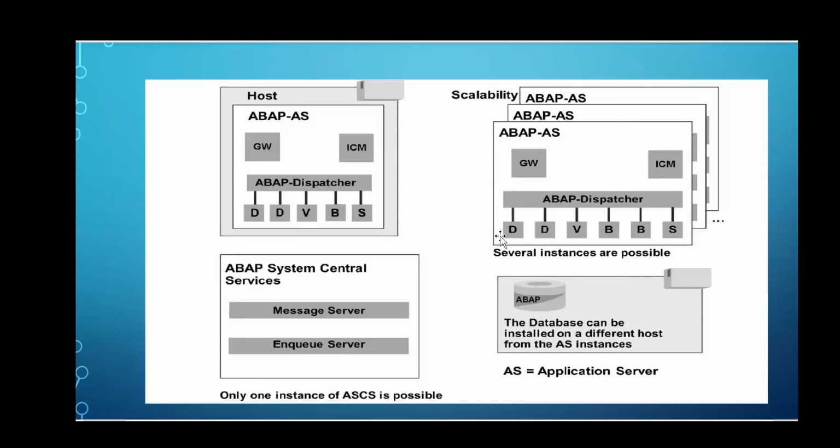Instance is nothing but your application server. I just told you, right? In my ABAP system, my ABAP application server is my instance. In my Java server, the Java application server will be the instance. Either I can have a single instance or I can have multiple instances.